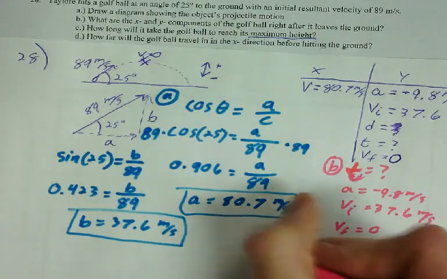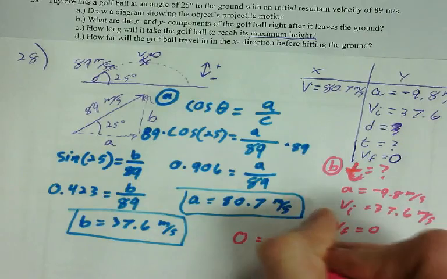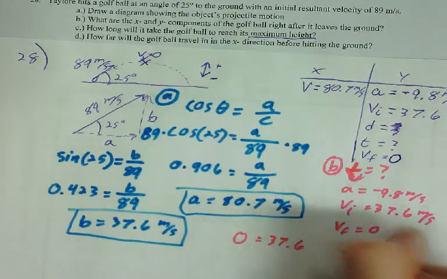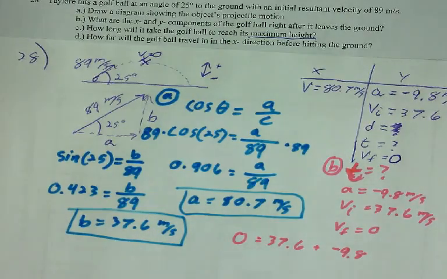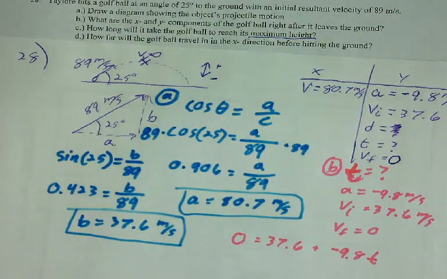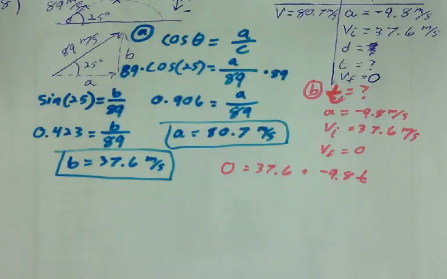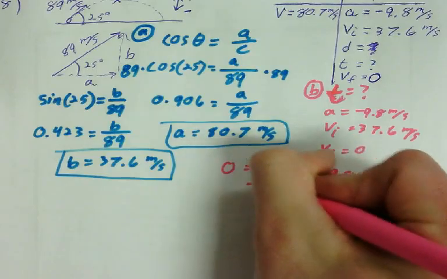So VF is 0. VI, 37.6. Plus A, which is negative 9.8, times T. So subtract the 37.6 over.